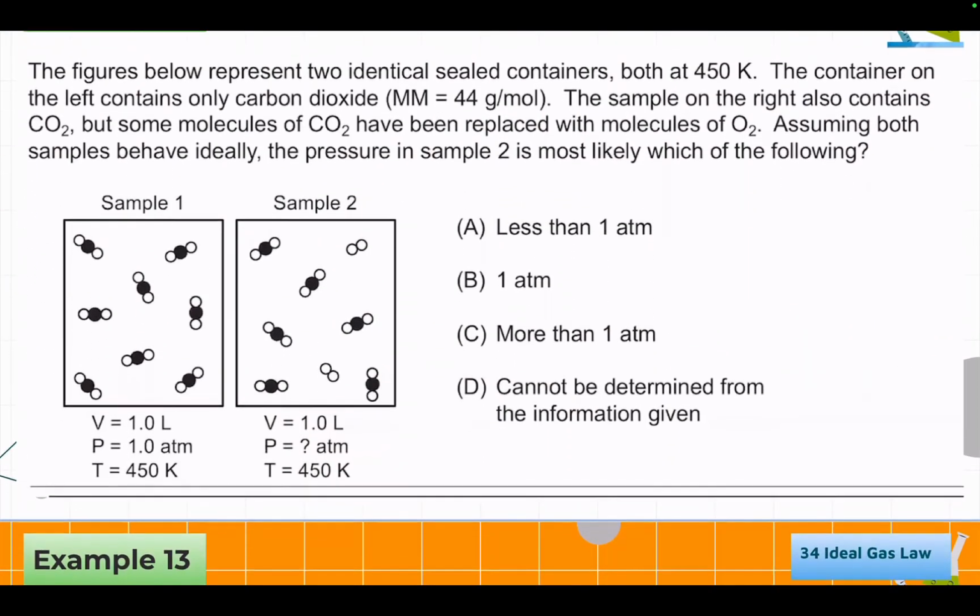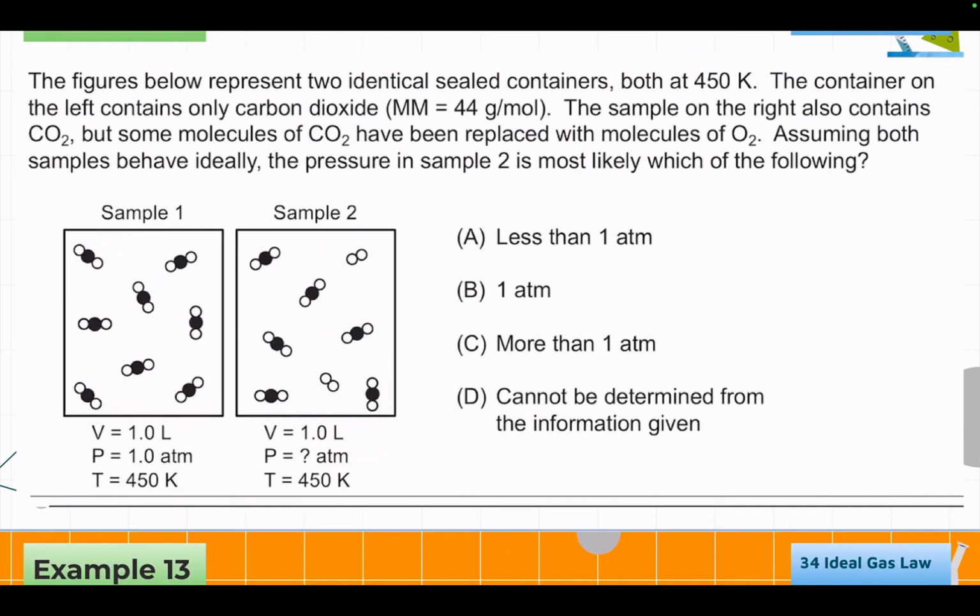Example 3 here. The figure below represents 2 identical sealed containers, both at 450. The container on the left has only carbon dioxide, which has a molar mass of 44 grams per mole. The sample on the right also has CO2, but it does have some molecules of O2.